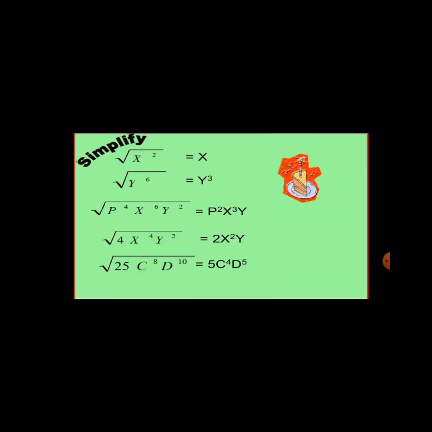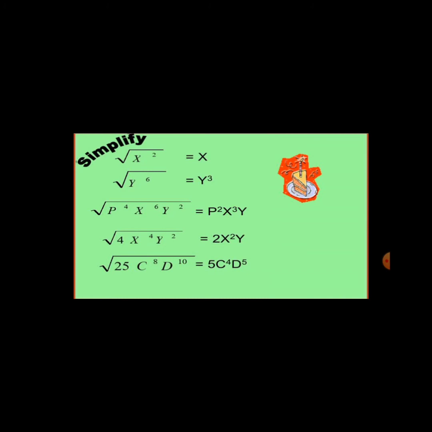Simplify. Square root of x squared is equal to x. So square root of y to the power of 6 is equal to y cubed. Then square root of p to the power of 4, x to the power of 6, y cubed is equal to p squared x cubed y.